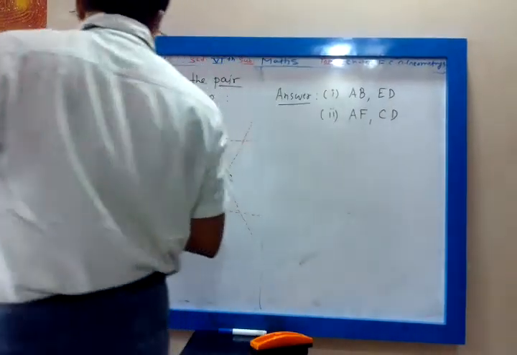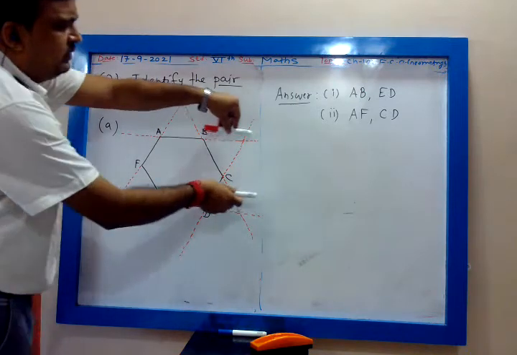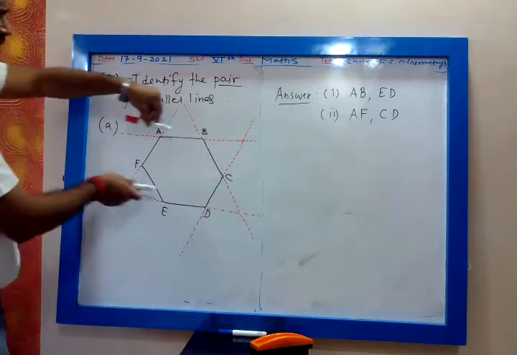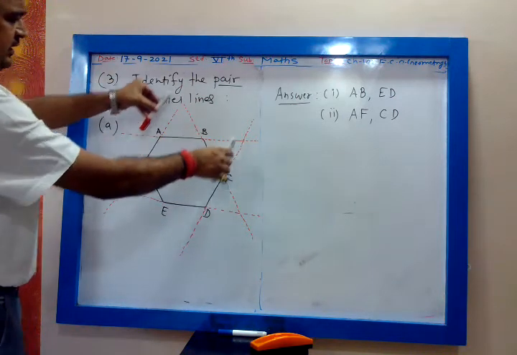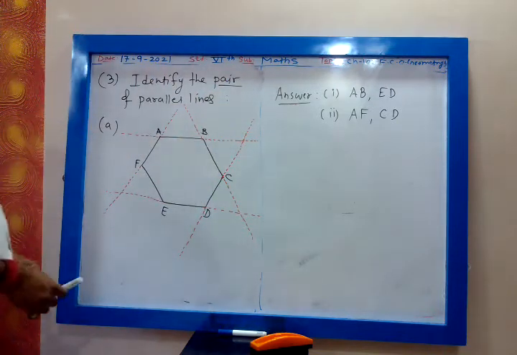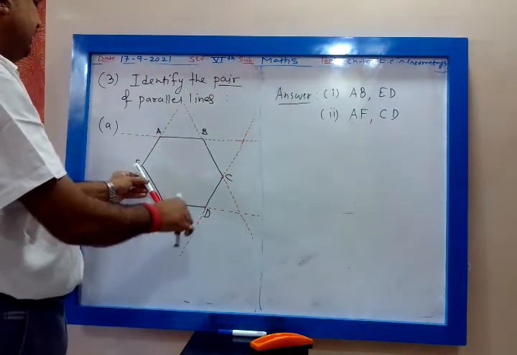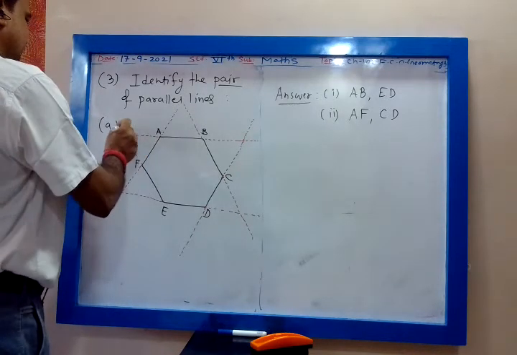Where AB and ED are intersecting? AB is going this way, CD is going this way. How will they intersect? Tell me. Then AF and CD are parallel. Now FE and BC. You can also extend this side.